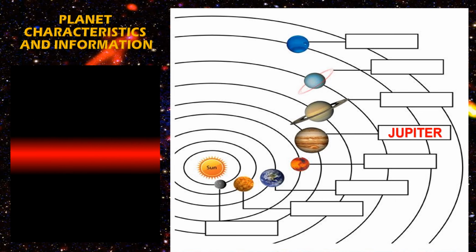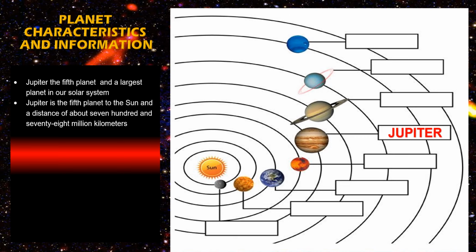The next is Jupiter. Jupiter is the fifth planet and the largest planet in our solar system. It is at a distance of 778 million kilometers. Jupiter rotates once about every 10 hours but takes about 12 Earth years to complete one orbit of the Sun.